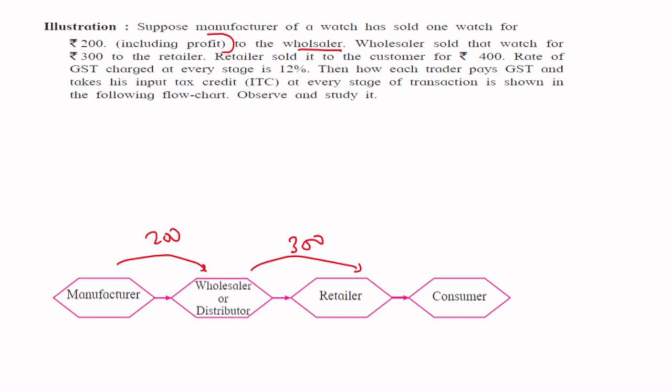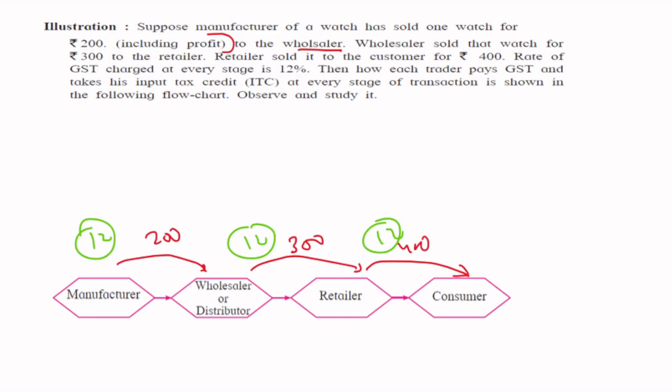The retailer sold it to the customer for 400 rupees. The rate of GST charged at every stage is 12%, 12%, and 12%. Every stage.